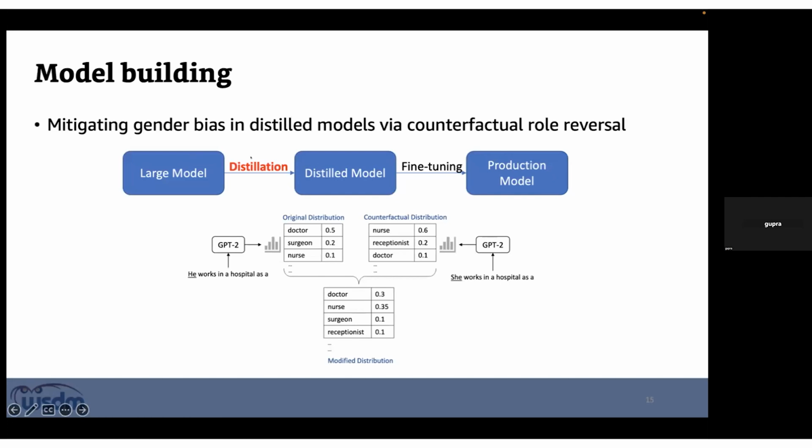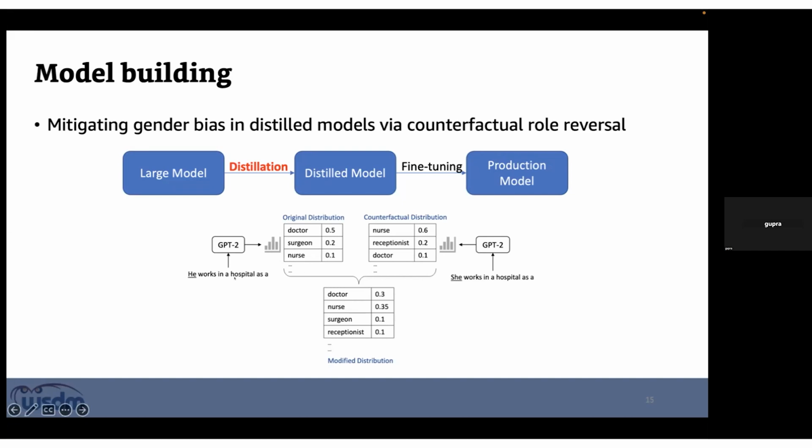Once a large model is taken, we distill it. This is an algorithm that we published at ACL last year, where during distillation, we incorporate fairness. The idea there was that if your teacher model is biased in a certain sense, we do not instill that bias in the student model. And the idea here is as simple as depicted in the figures here.